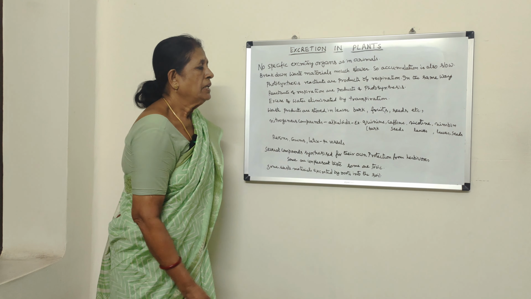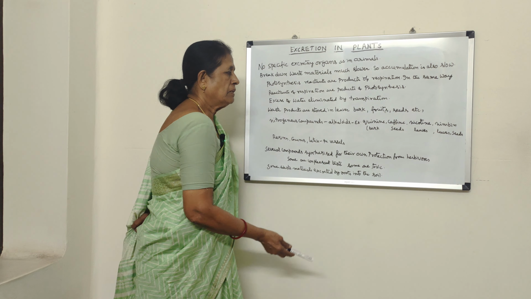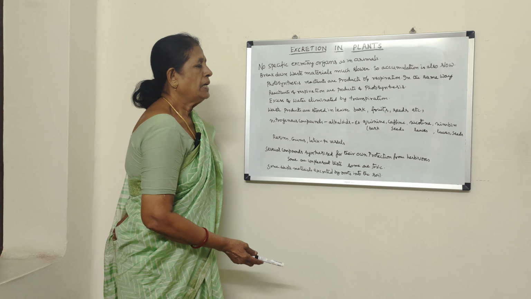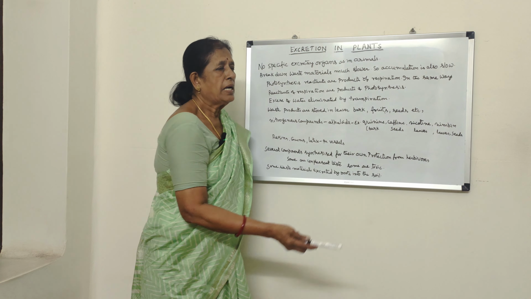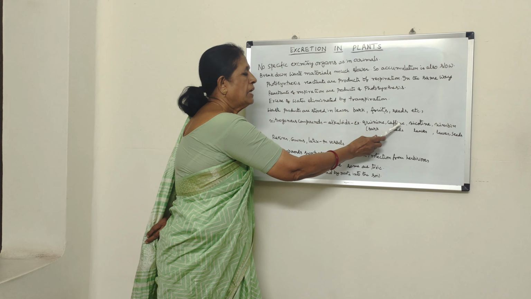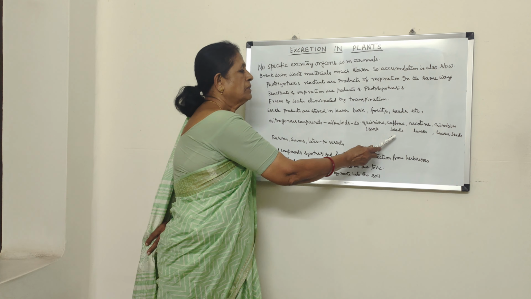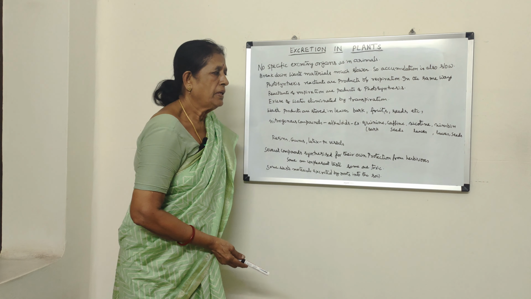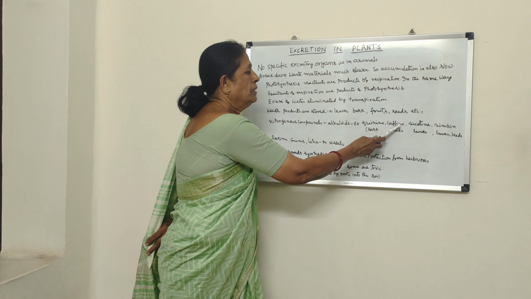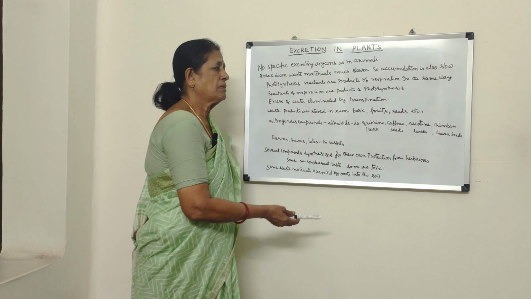Quinine is present in the bark of the plant Cinchona officinalis, and this is used as an anti-malarial drug. Caffeine is an alkaloid, a nitrogenous waste produced in the seeds of Coffea arabica, and it stimulates the central nervous system.